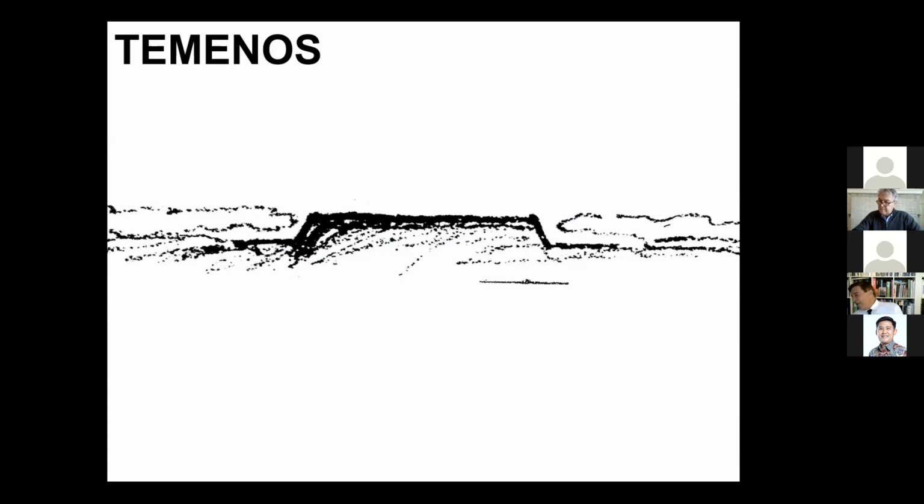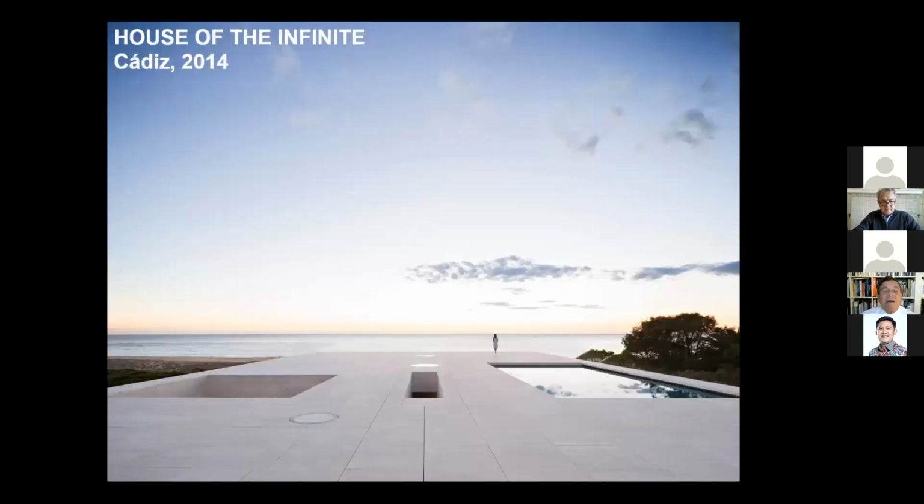Where is the Parthenon? The Acropolis in Athens is a temenos, and on the top is the temple, but the temenos is where the gods were coming to speak and to meet the human beings.